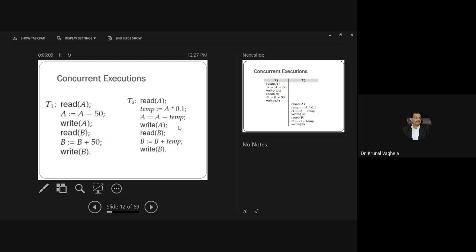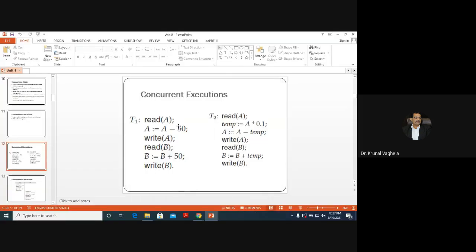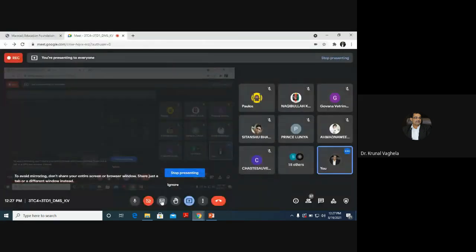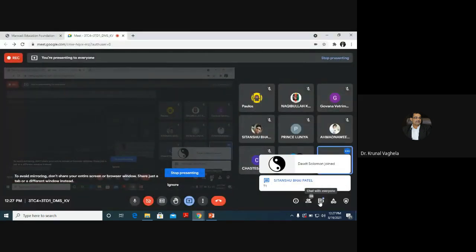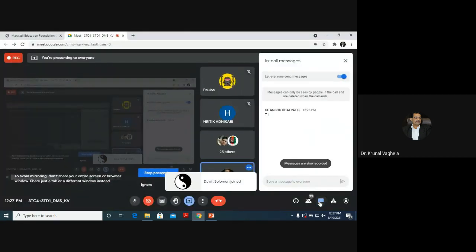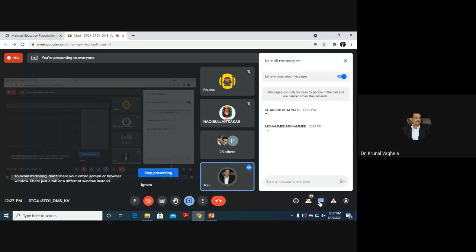So my first question is, which will get executed first, T1 or T2? Let's ask the students who are online also. These are two transactions. Which will get executed first, T1 or T2, and why?